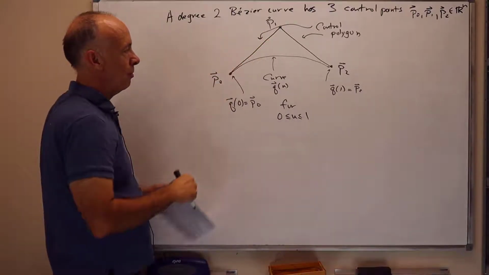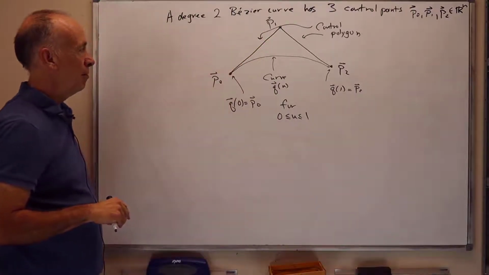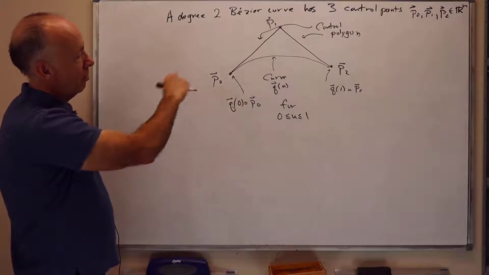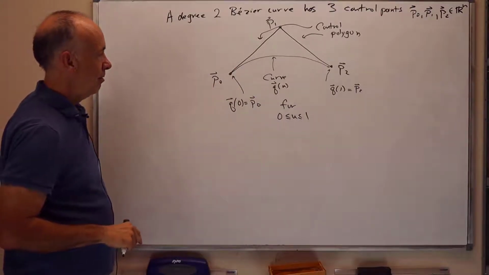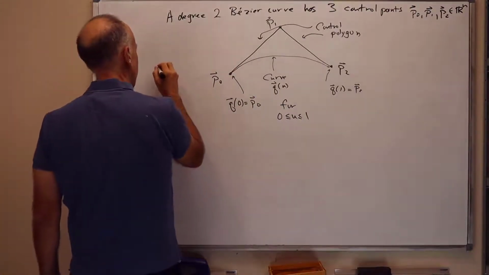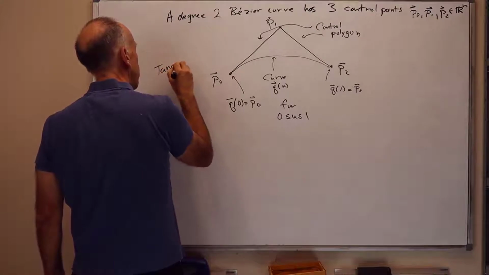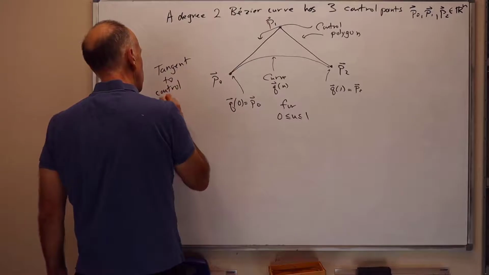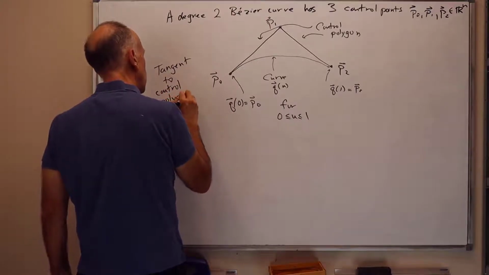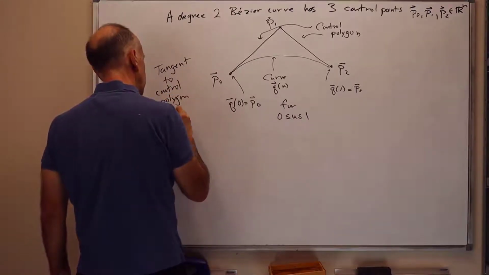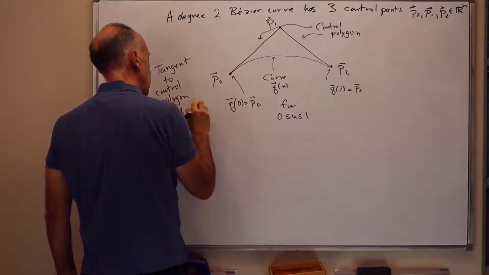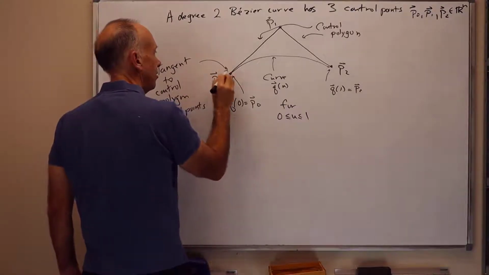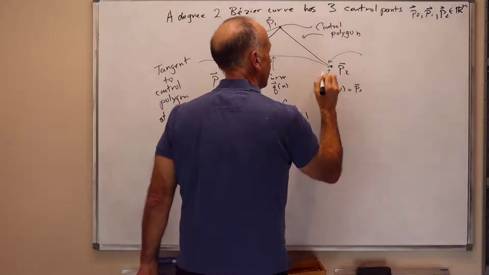So in this picture, it's bowing up from P0 towards P1, and we get this smooth curve going from P0 to P2. And you'll notice here we actually have some tangency. It's tangent to the control polygon at the endpoints. So that's here, and also it's tangent here.